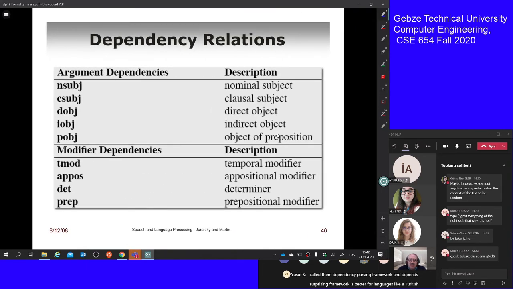Here are some relationships between the words in a sentence. One of them is nominal subject.